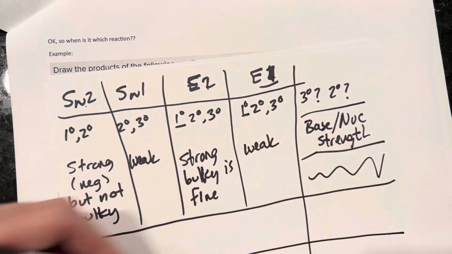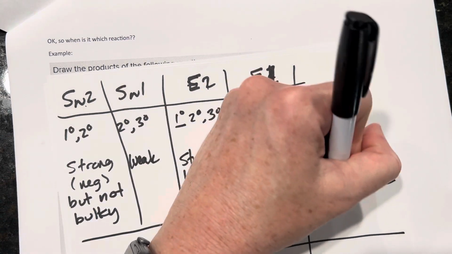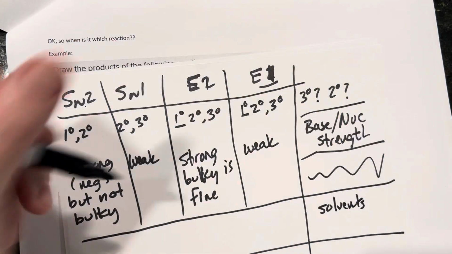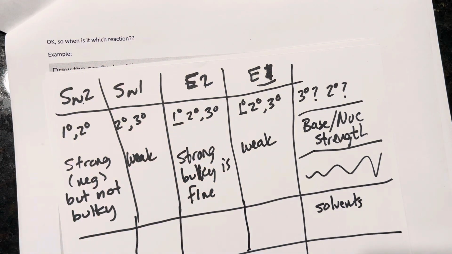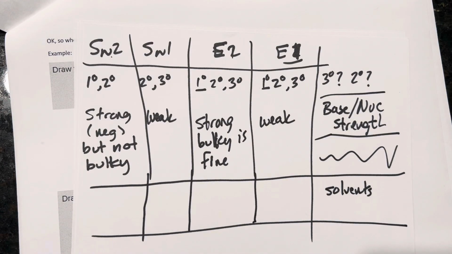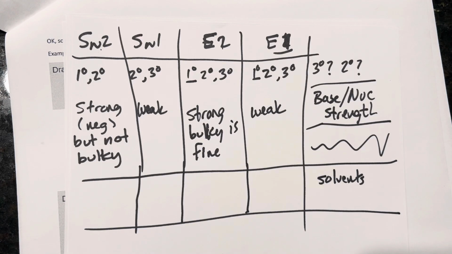You can tell I'm just pulling this out. Solvents. So I posted a list of solvents online. I really suggest you guys memorize them. There's not too many, but having those in your head, like for example, if I say DMF, do you know what it is? Or DMSO or THF? You should know these solvents because they're going to show up in your exam.